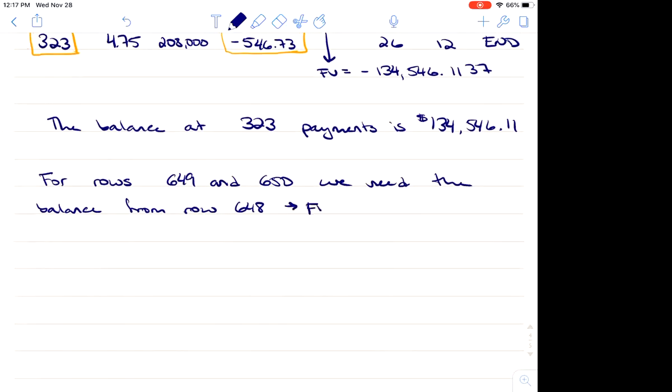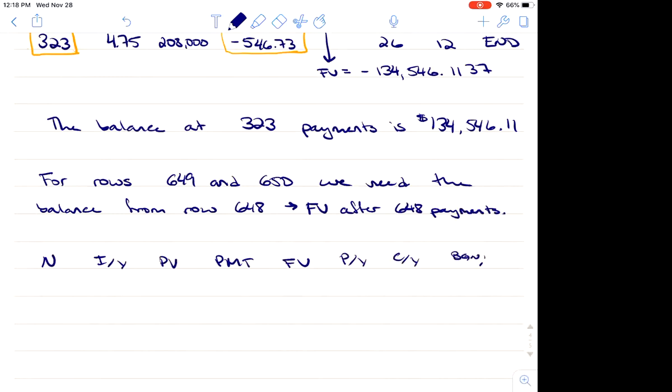This is the future value after 648 payments. So again, we've got N, the interest per year, the present value, the payment amount, the future value, the payments per year, the compoundings per year, beginning or end.